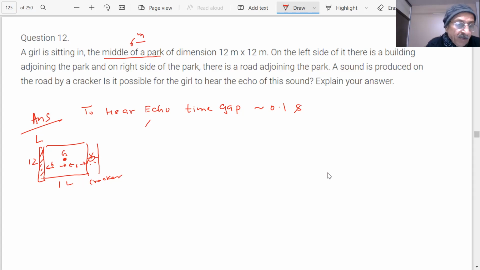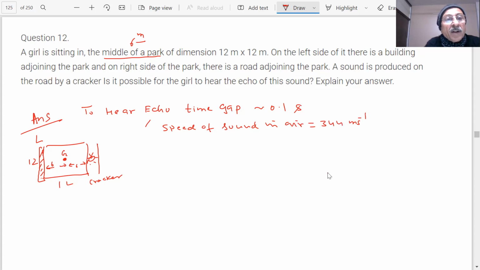First sound, what will be the first sound? If the speed of the sound is given, or how much speed do we take in air? 344 meter per second.